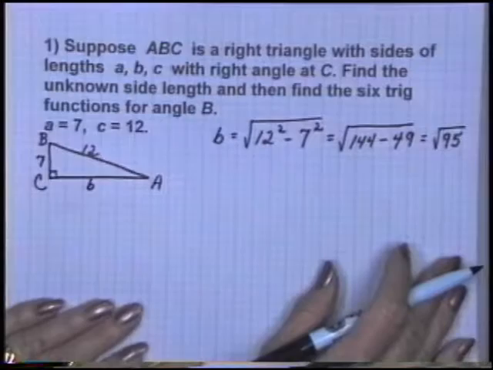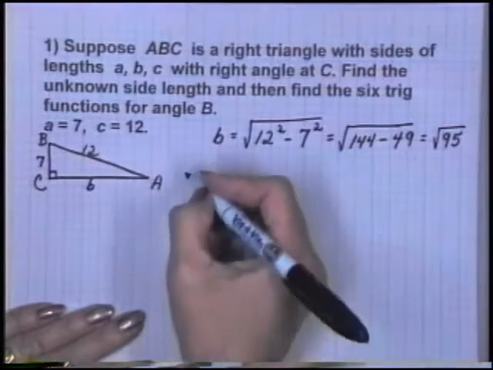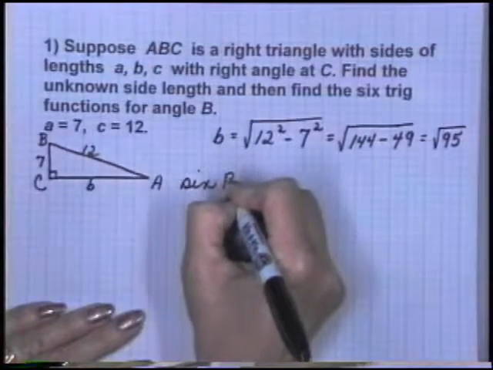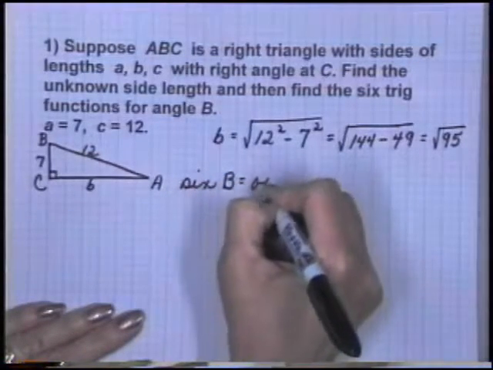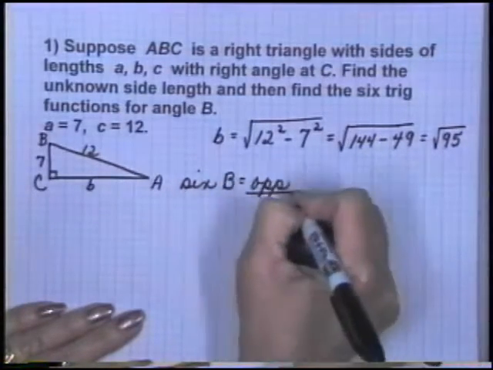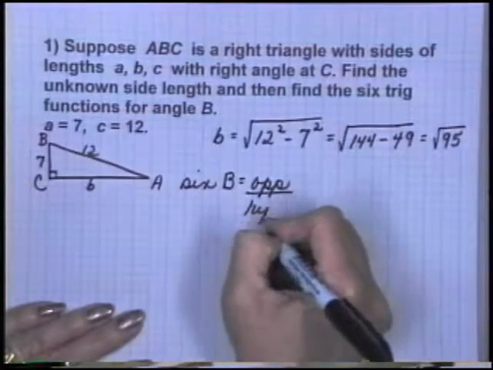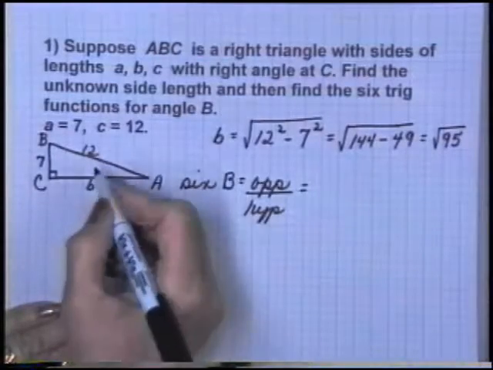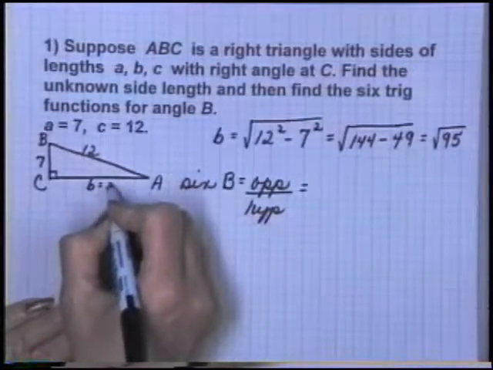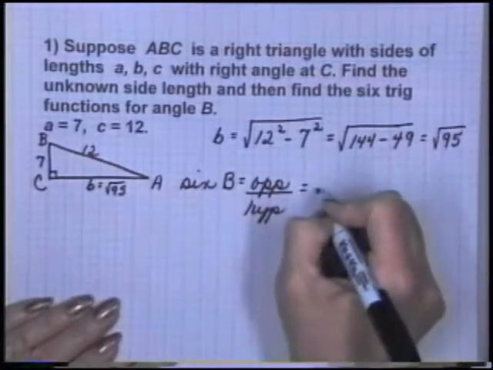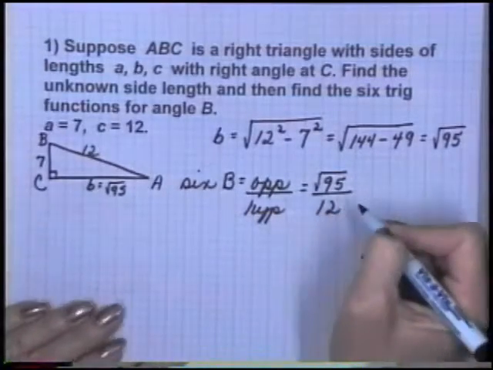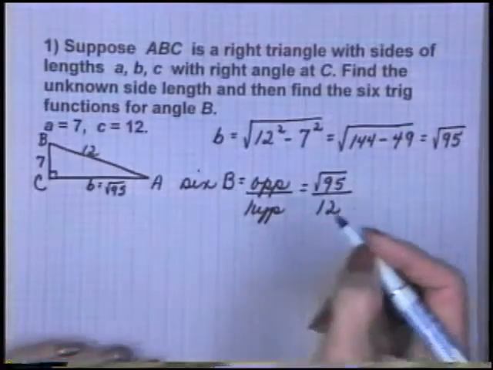So let's find the 6 trig functions of angle B. We'll start with the sine of angle B, which we know we take the leg opposite angle B and divide it by the hypotenuse. The leg opposite angle B in this case is the square root of 95, and our hypotenuse is 12.